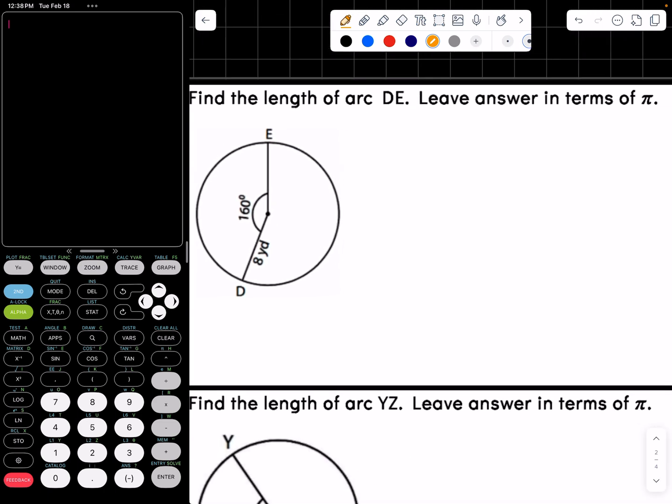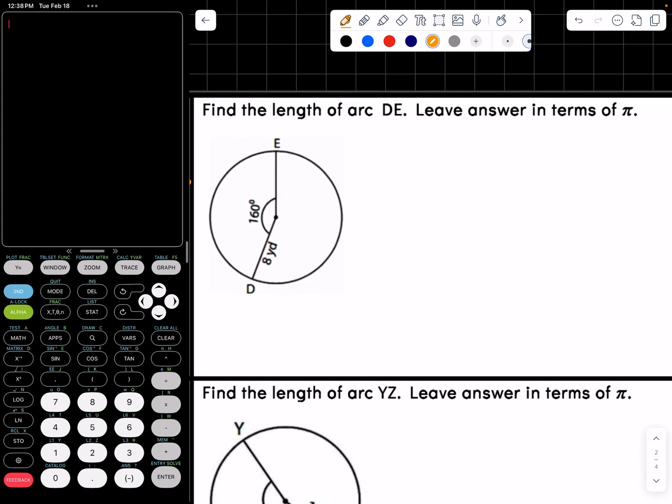Over here, find the length of DE. So if I'm finding the length of DE, okay, my arc length, or DE, is going to be 2 pi times my radius, which is 8, okay, times my central angle, 160 over 360.